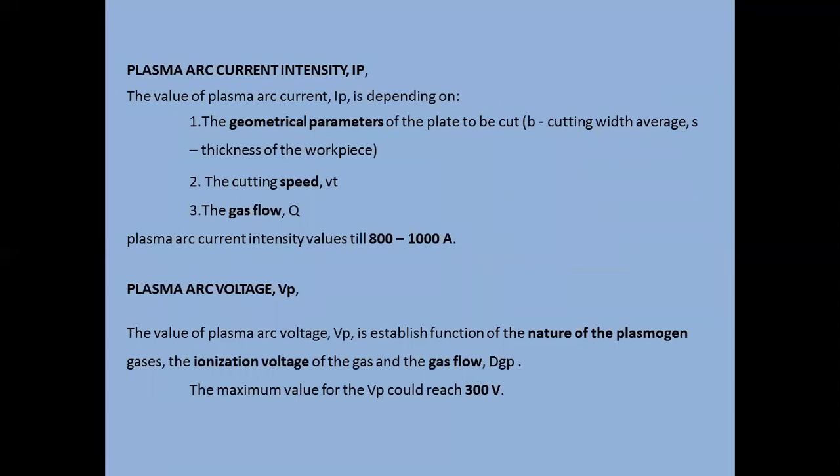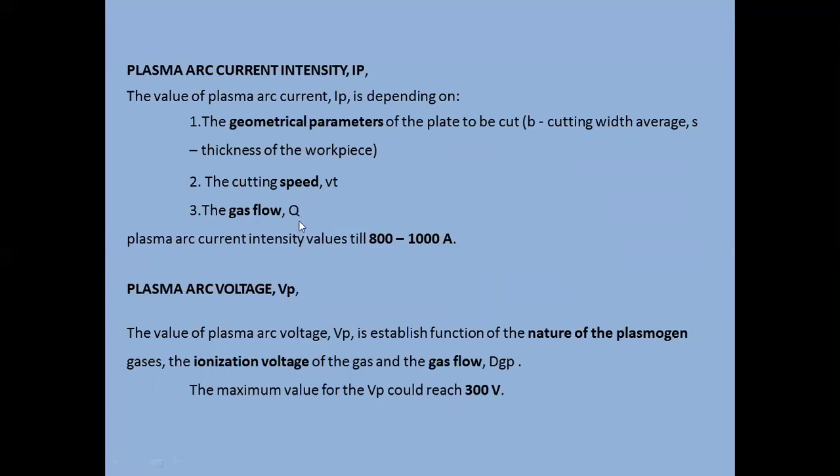See, current intensity. First of all, the amperes range between 800 to 1000 amperes. This is the range that we can apply in plasma arc machining. The geometrical properties, parameters of the plate to be cut are all indicated by particular symbols. Cutting speed will be designated by Vt.